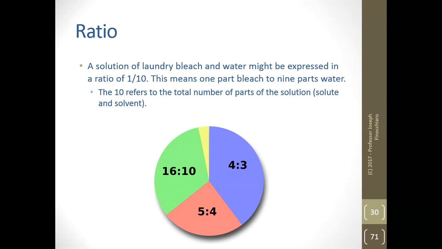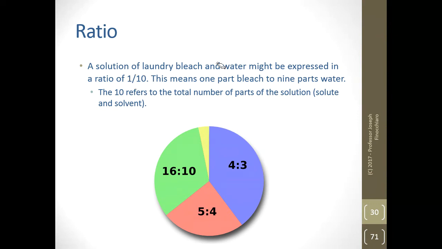Okay? So when looking at a ratio, the first number is always going to be how many parts you are dealing with, whether it is the solvent or the solute. The second number is always the total number of parts, whatever it might be: 1/3, 1/10, 2/9.